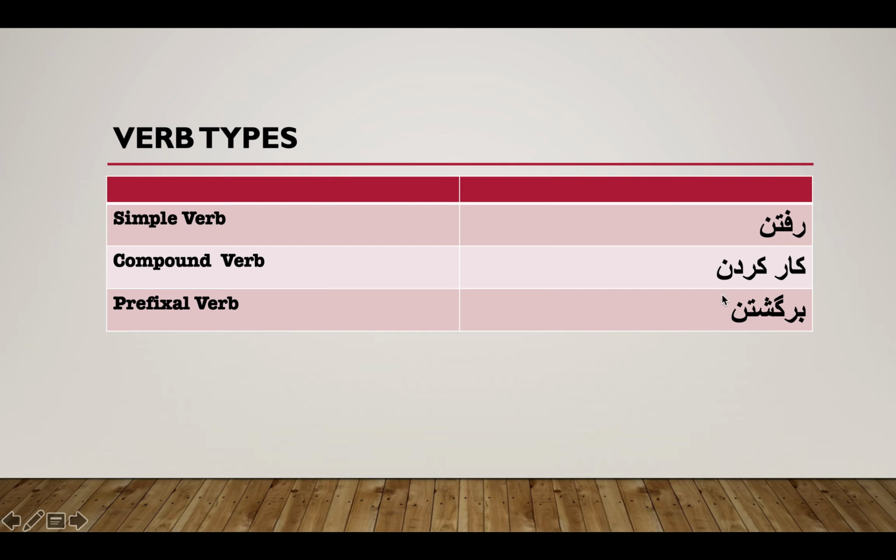All of them are considered infinitives. And prefixal verb begins with a prefix. This is the prefix at the beginning of the verb, and this is the action part. And in conjugating the verb or in conjugating the infinitive, we just work on these parts only that has that big noon at the end.